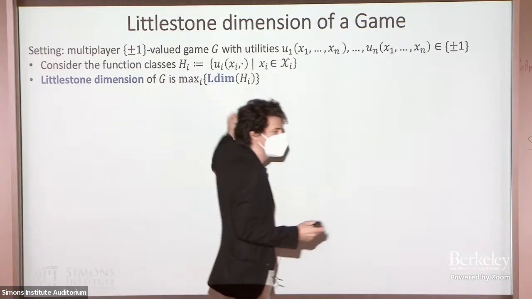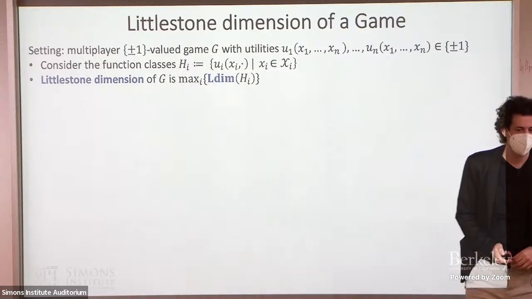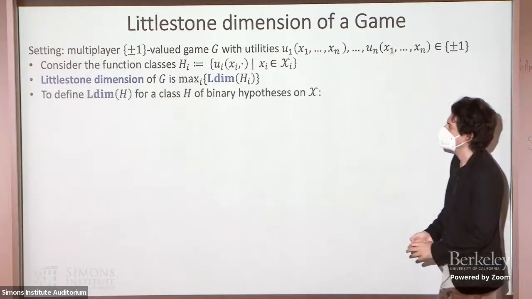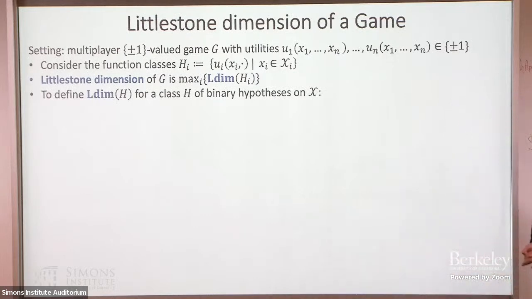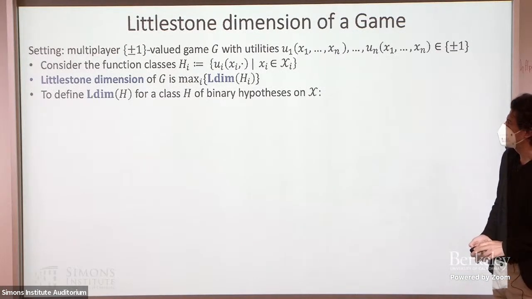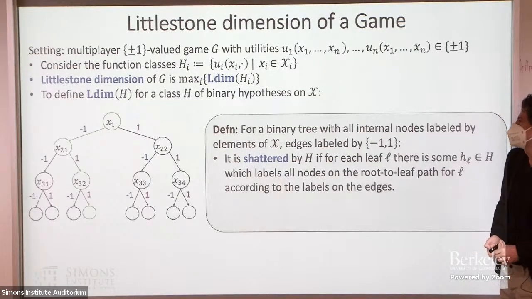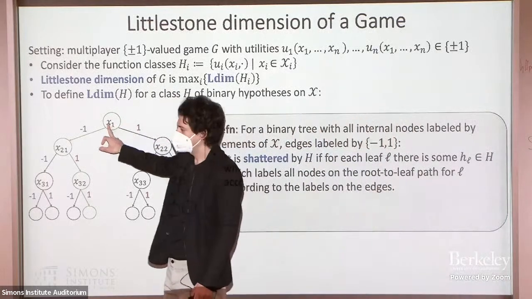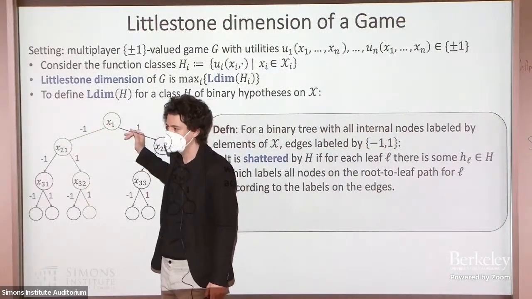Now, in case you're not familiar with this concept, it's a concept of learnability in online learning. What is the Littlestone dimension of a function class? The way you define it is you consider decision trees, like the one you see here, where you query a variable, and depending on its value, you go left or right.